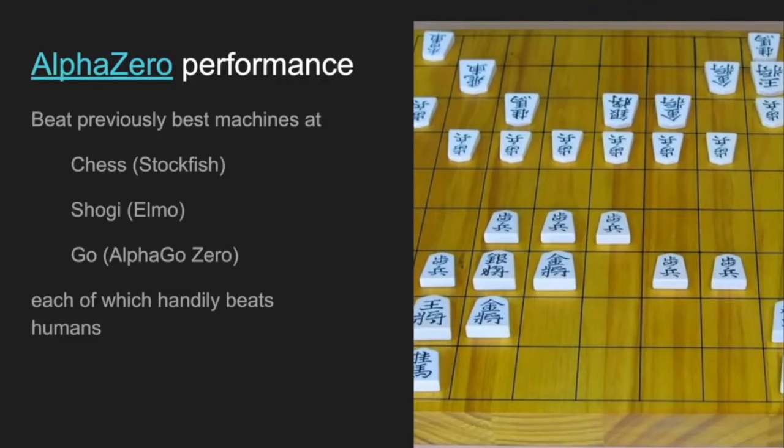So AlphaZero is like AlphaGo, except everything it knows about Go has been taken out. It doesn't know the rules of any game now. It just sees visual patterns, tries actions, and learns to see what is successful and what's not.